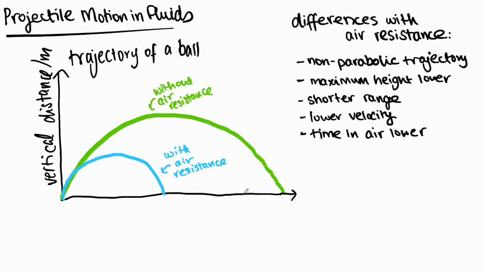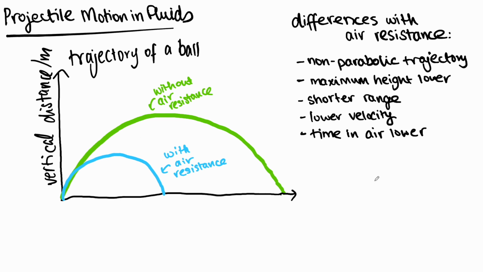Now, projectile motion in fluids is a little different compared to when it's in a vacuum, or if we assume there is no air resistance. So here's a quick graph comparing vertical distance and the trajectory of the balls with and without air resistance.